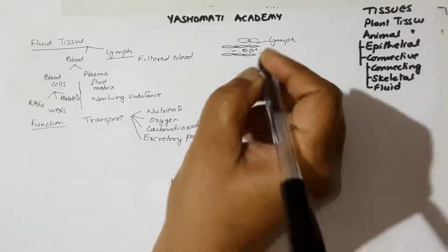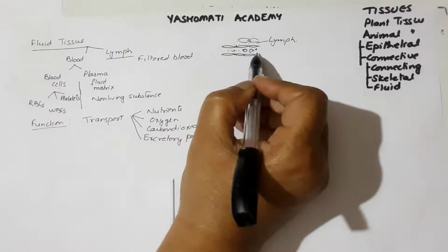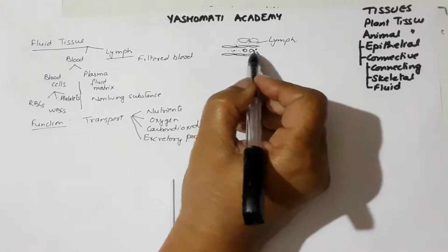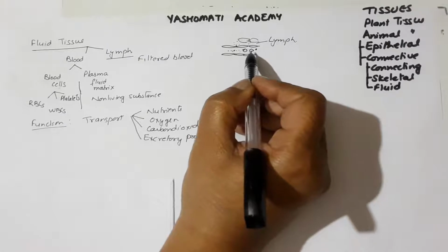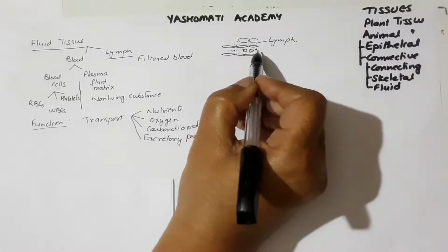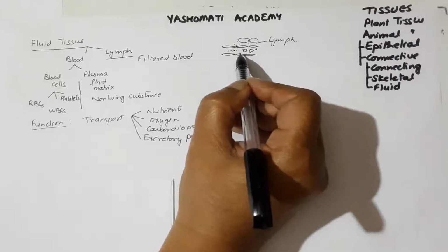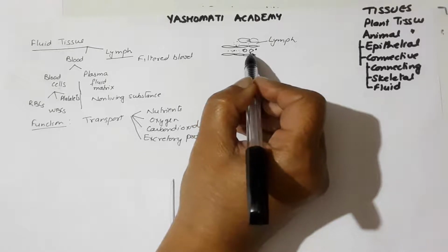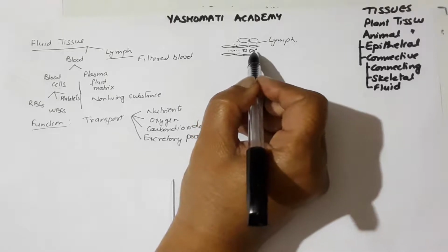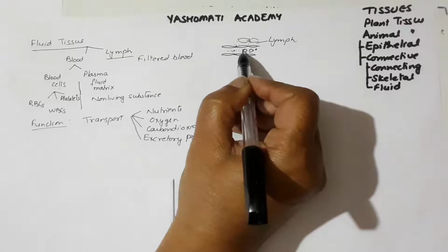So that means that the blood which is present in the capillary contains more oxygen and more nutrients when it is present in the arteries. You know that arteries are the distributing vessels, so they carry more nutrients.